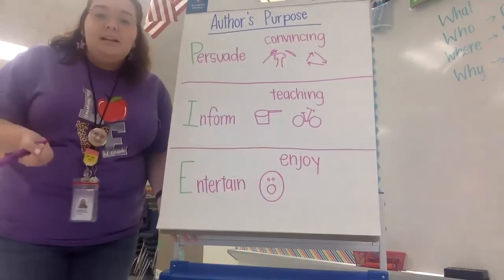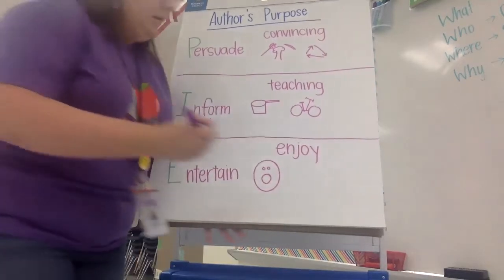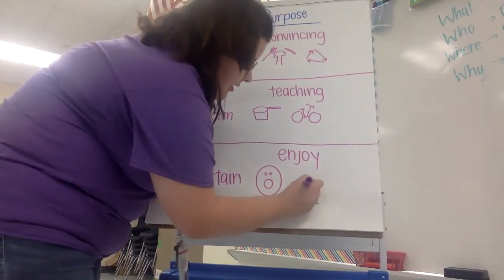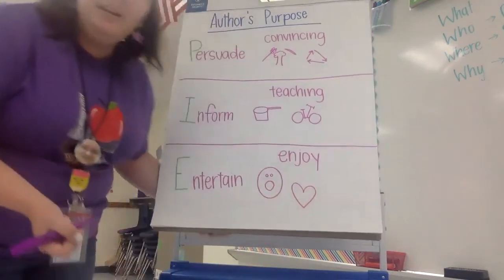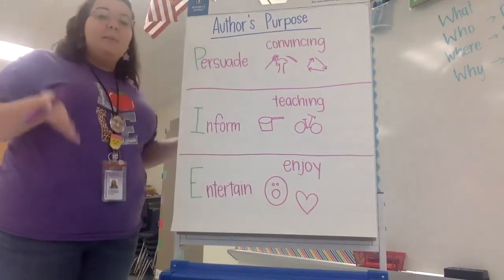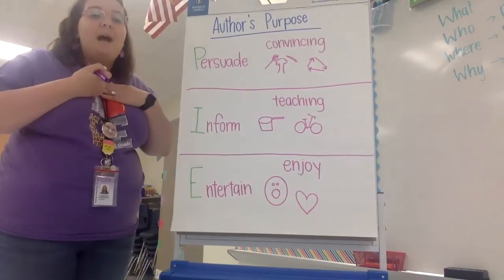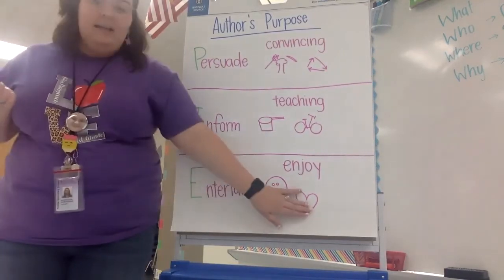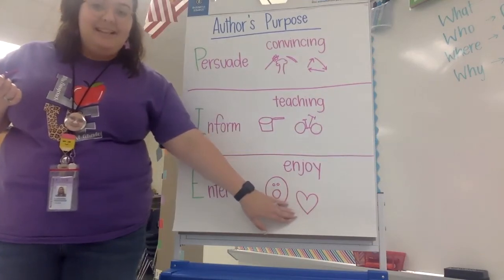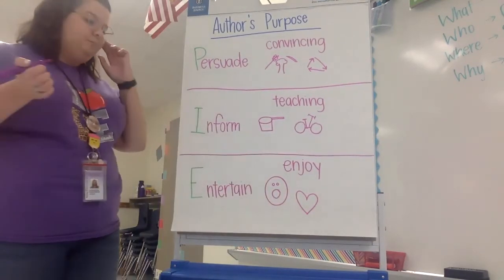Some people really enjoy books that make you feel loved. Like I like reading books that make me think of my mom or my puppy dogs. They make me feel so happy. So I like to read about things that I enjoy, things that I love, like my puppy dogs.